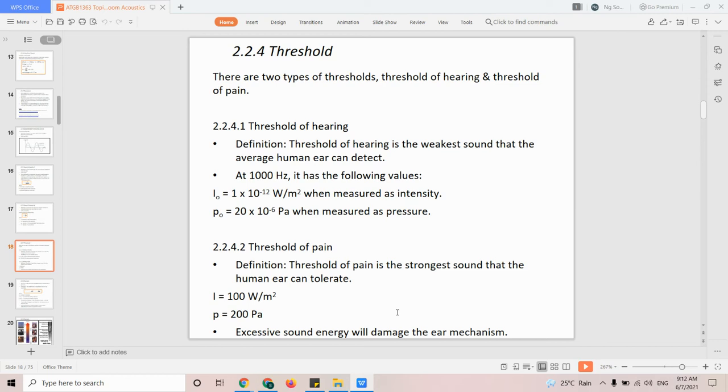If you hear a sound that is too loud, it will overwork that particular organ. And when that organ is not able to work, our brain is not able to perceive the signal, so we will not be able to hear the sound. So this is the value lah, which for intensity is about 100 watts per meter square, and for pressure it's about 200 Pascal.